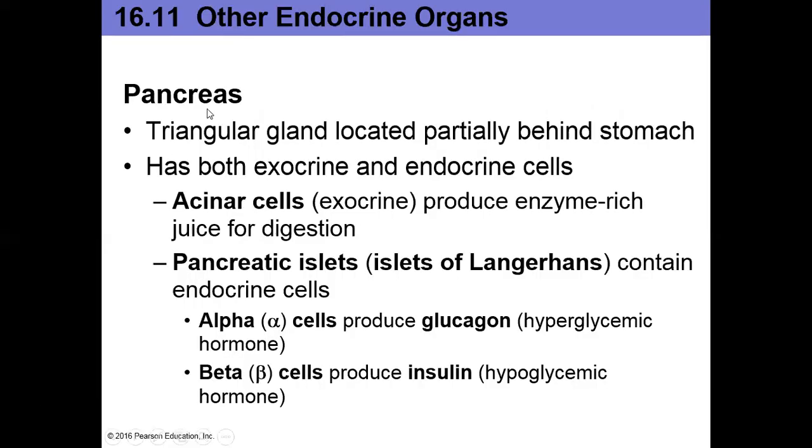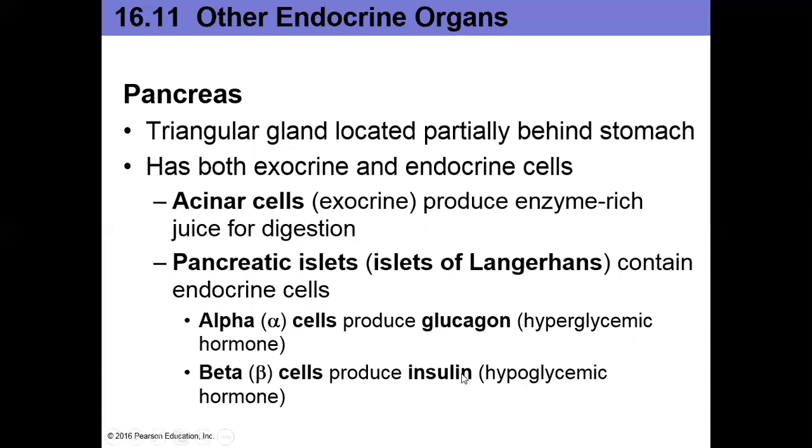Here we are with the pancreas, and they're going to tell you specific cells of the pancreas that produce glucagon and insulin, and I don't care about that, but I do need you to know that if you are hyperglycemic, it's because you have excess glucose in your body. And so glucagon is the hyperglycemic hormone. It's the one that makes you increase your blood glucose.